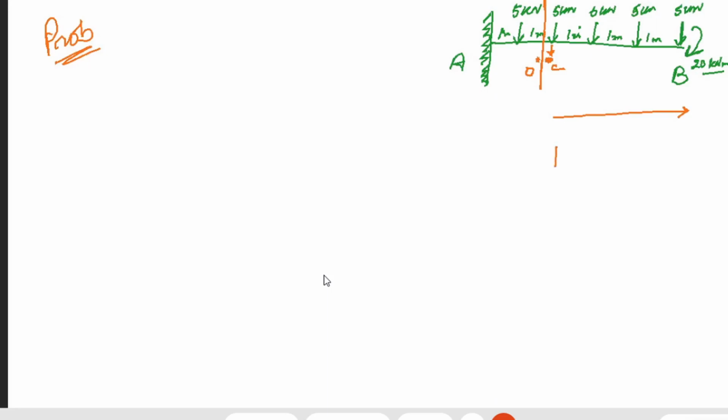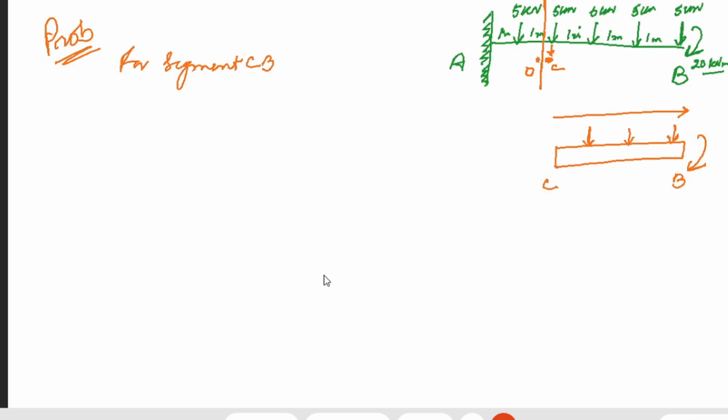So here your beam is like this, wherein for segment CB, your loads are 1, 2, and 3, and then a moment. This is for segment C and B.